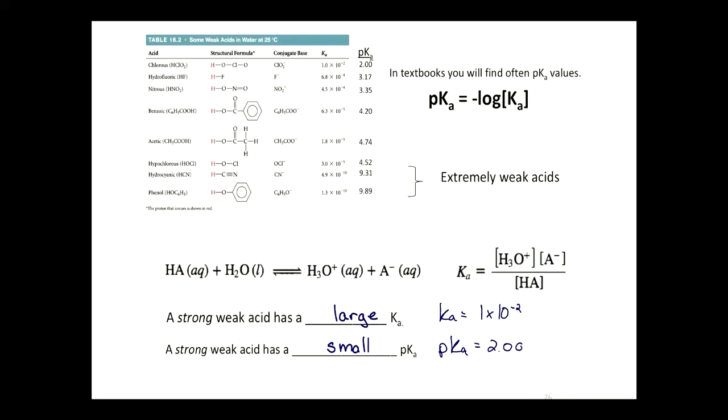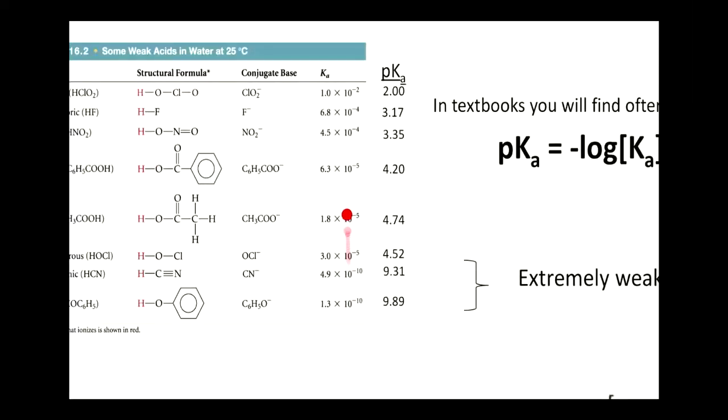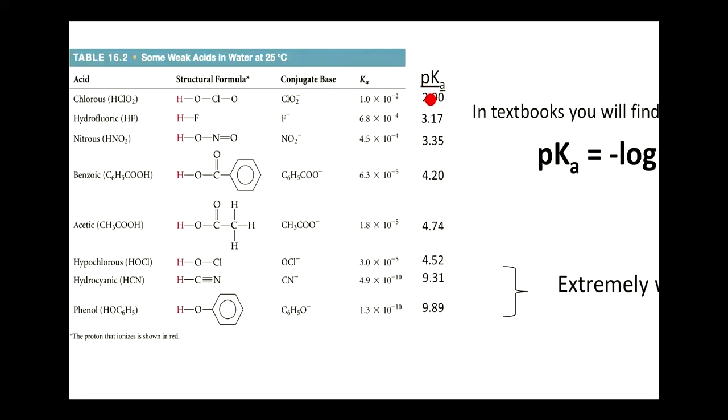So what we see here is a bunch of different weak acids. Here are their Ka values. Again, look how annoying those numbers are to read. So instead, you can represent that same number with a pKa value, where you just take the negative log of that Ka value. And so what we've learned here about that negative log function is that a small negative exponent on 10 typically means a large number, while a large negative number in that exponent means a really, really small number because you're moving that decimal point a lot of places.